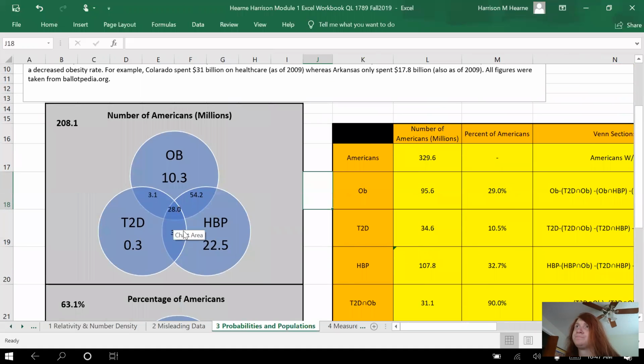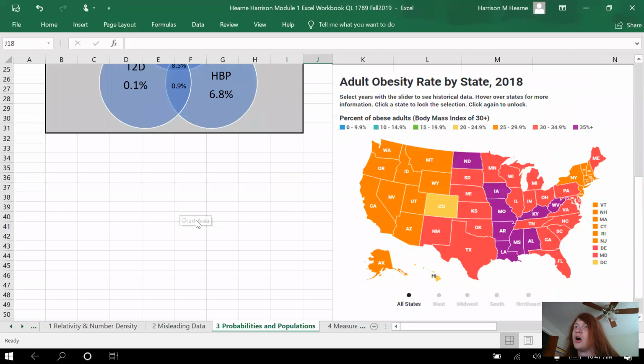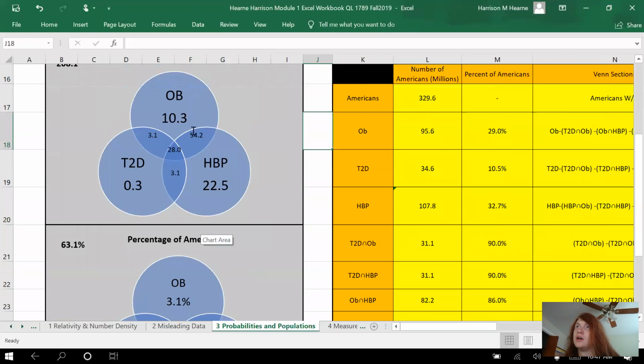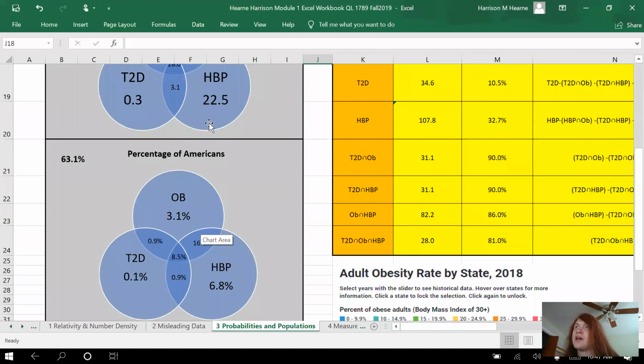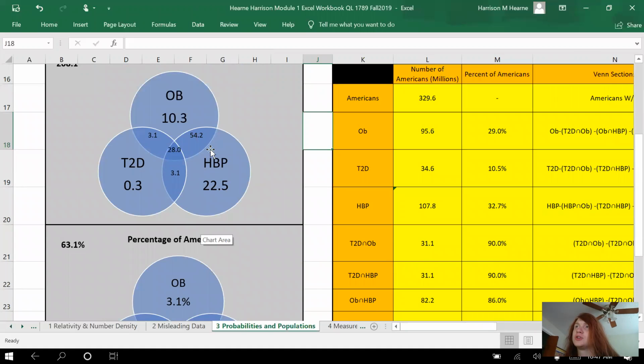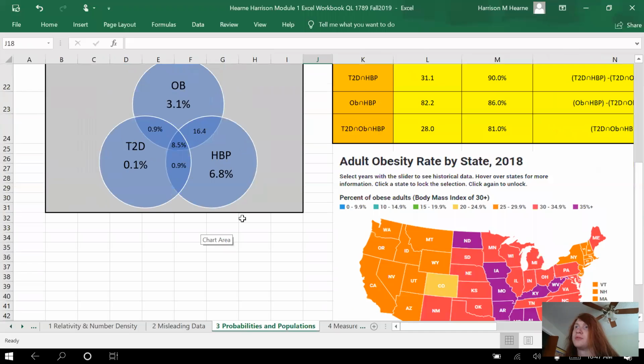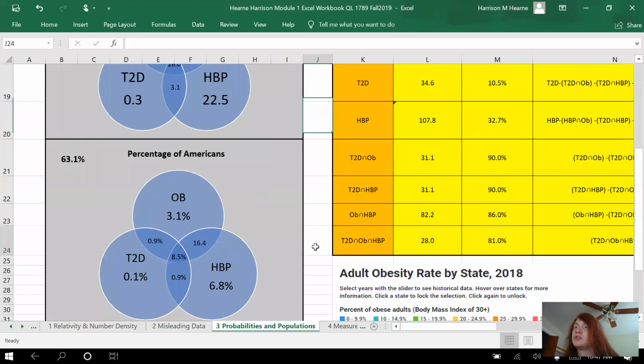So we can see that all of these different sections have different percentages or numbers associated with them. And if we go down here to the percentage, you can see it's actually more likely that somebody would have all 3 diseases than it is to have any one of these diseases individually, right? Because the percentage chance for someone to have only type 2 diabetes and not one of these other 2 is only 0.1%.